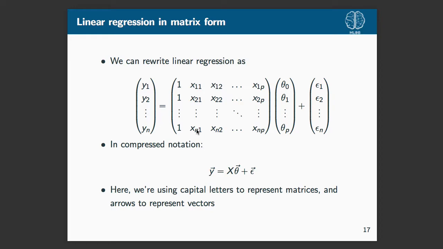And the number of columns is the number of variables that I have. So I have p variables plus one bias column, so I have p plus 1 columns in this case. And then the vector y equals the matrix-vector product of X and the vector theta, plus an epsilon vector of errors. And capital letters will mean matrices, and arrows will mean vectors for our purposes.